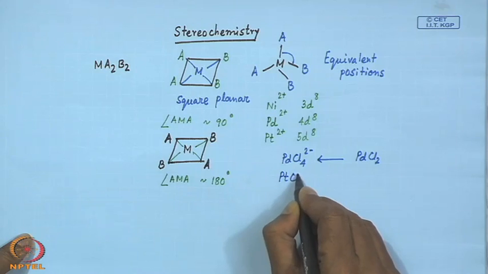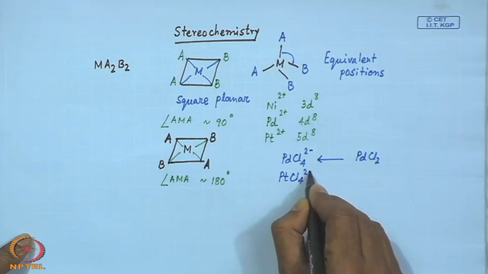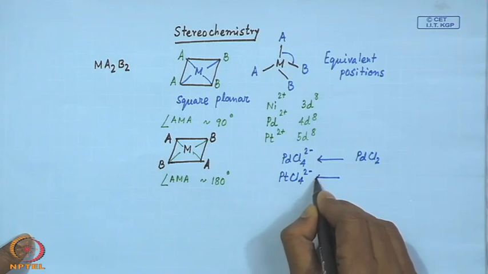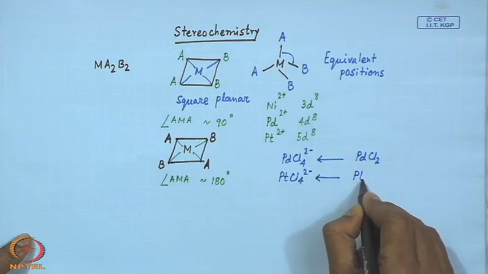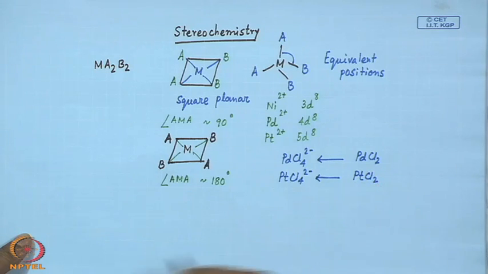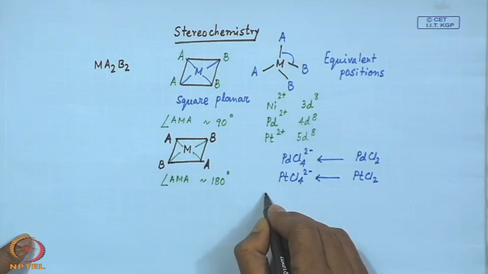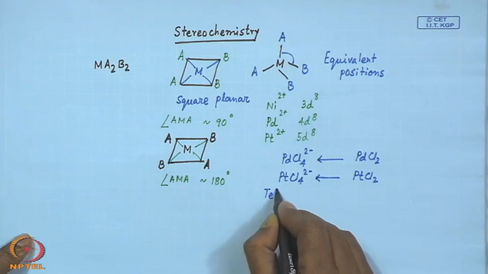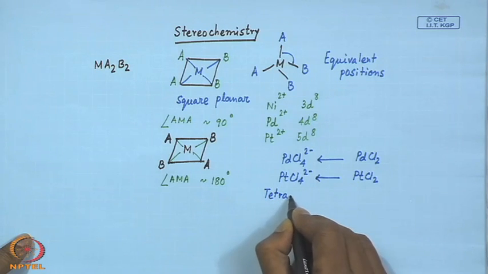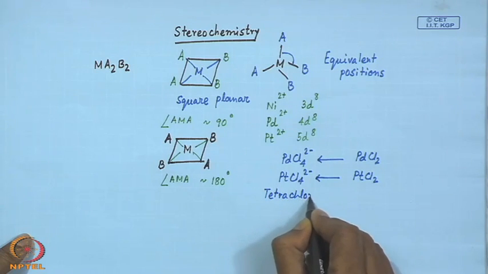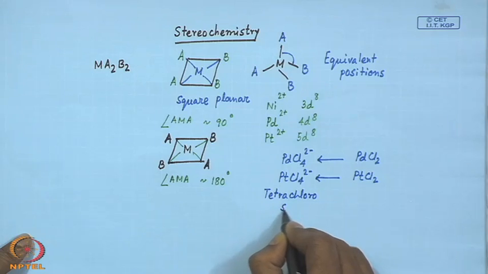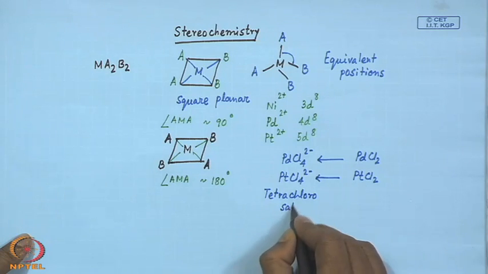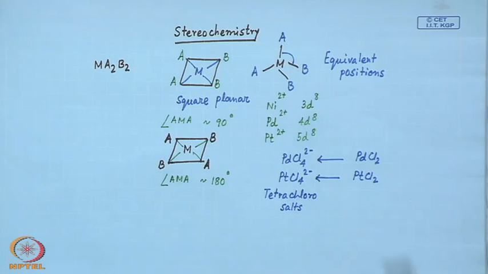Similarly, we can have the tetrachloroplatinate salt from platinum chloride. So, these are the two different types of tetrachloro anionic salts.